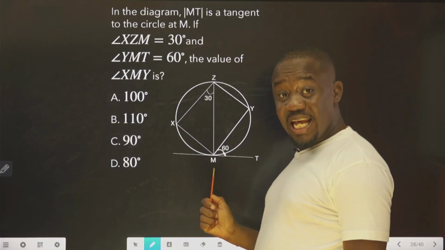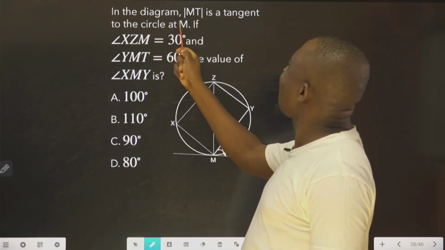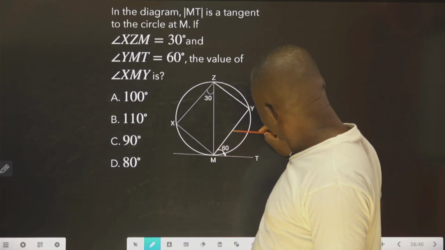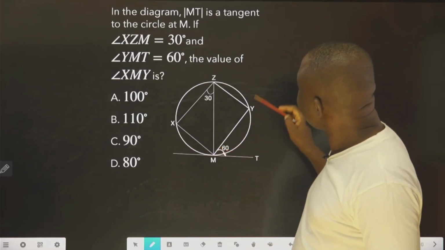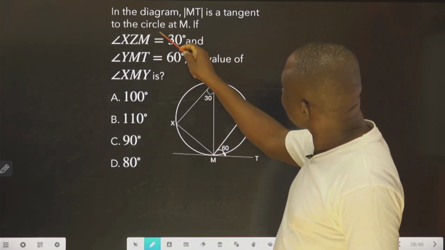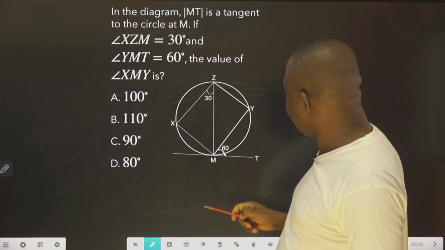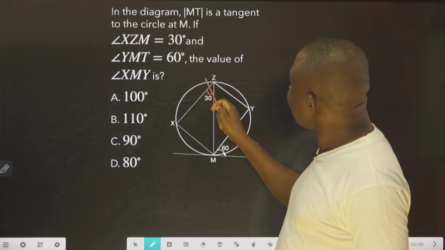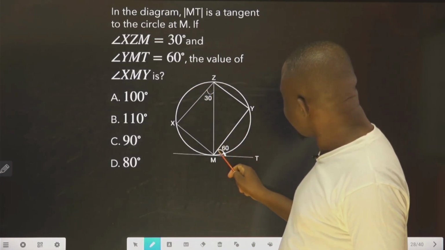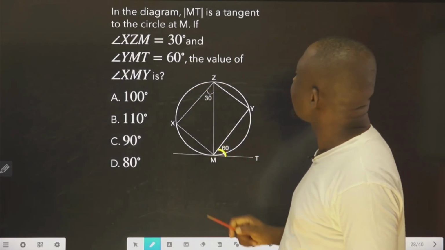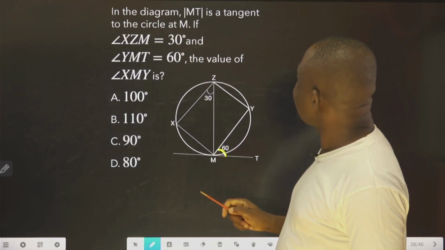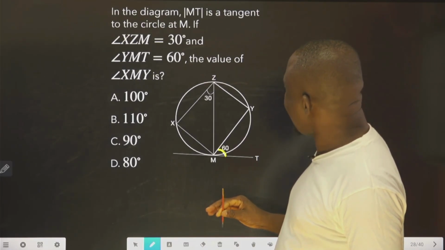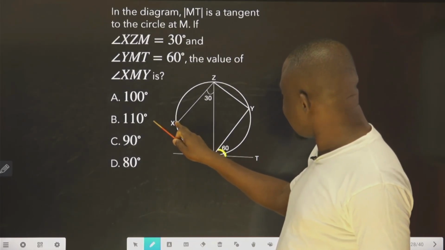Now, let's look at this. As you can see in the diagram, MT is a tangent to the circle at M. If this is 30, this is 60, that is from here to here is 60, find the value of SMY, x.